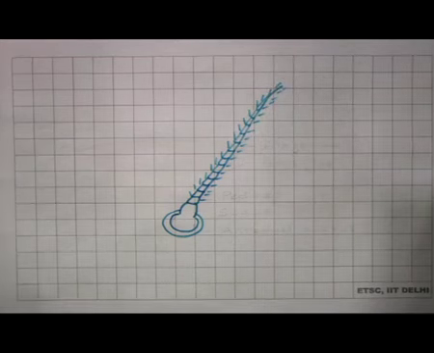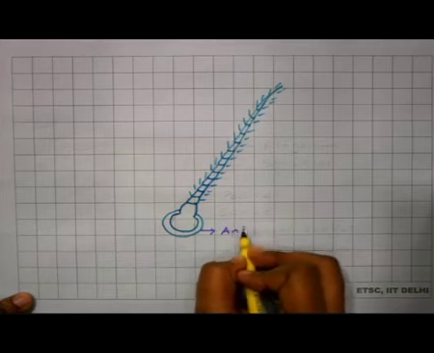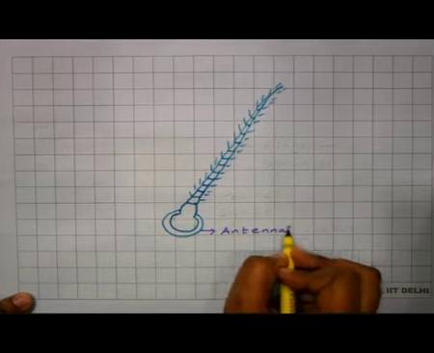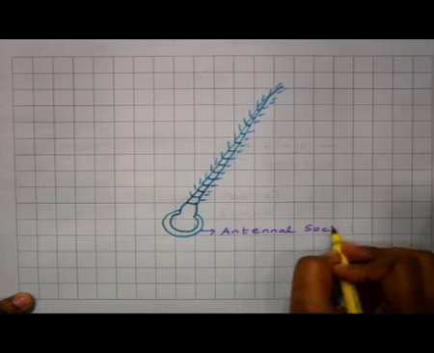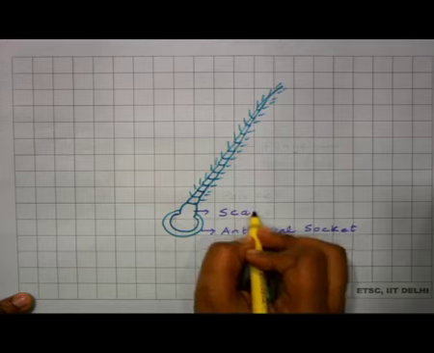Right. So, we can label it as, this is the socket, antennal socket, and this swollen base is known as scape.